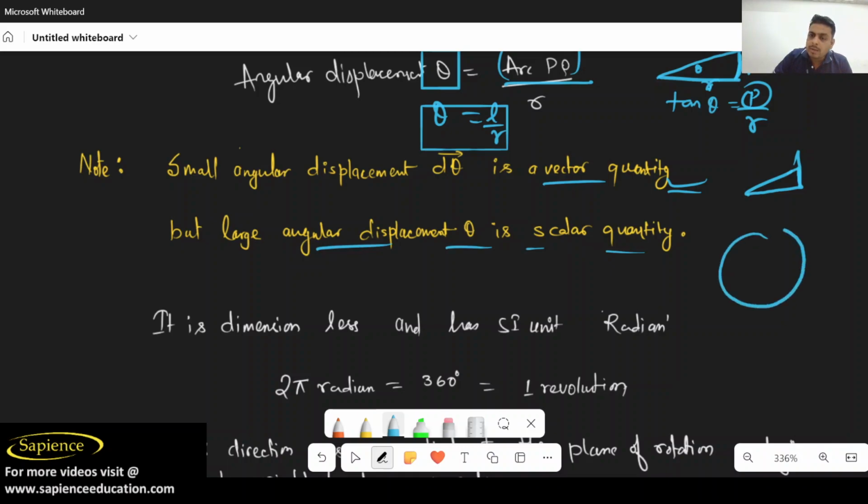Because when a body is moving in a circle, for a large angular displacement theta, every moment, every second the angle is changing. So angular displacement is a vector when the angle theta is very small.